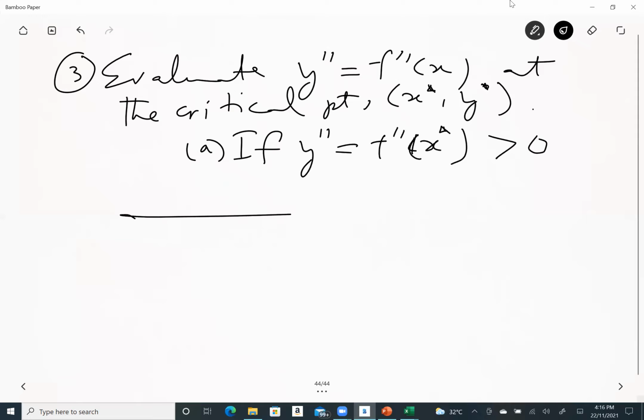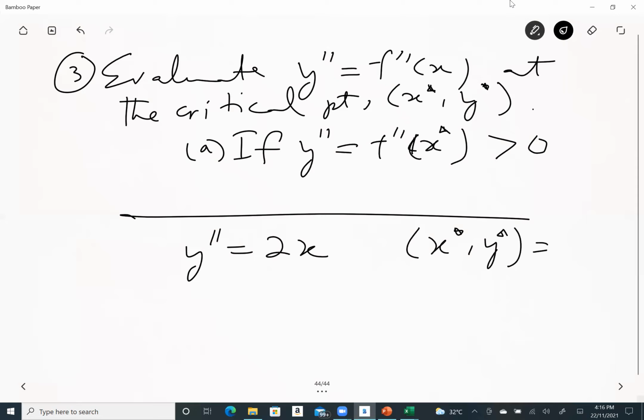Let's suppose y double prime is equal to 2x, and the critical point x star, y star equals 5, negative 6. We evaluate this y double prime at x star according to the rule.